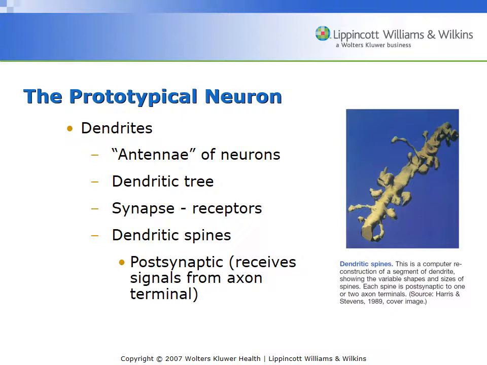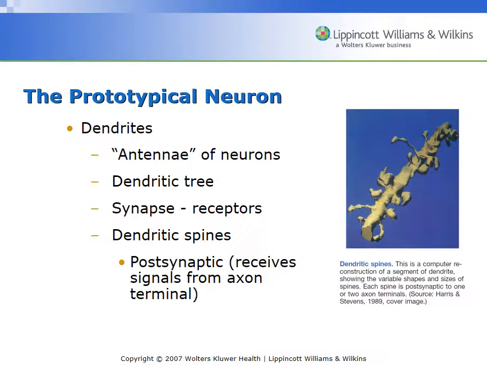The postsynaptic membrane is very rich in specialized proteins that respond to a certain neurotransmitter that is released upon receiving electrical impulse. These proteins are called receptors.